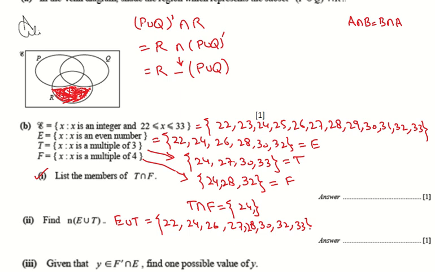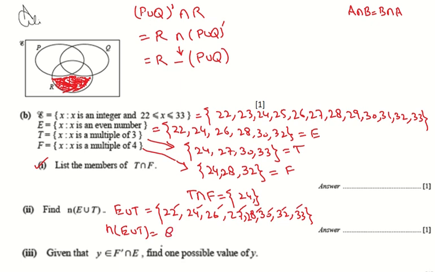The number of elements in E union T is equal to 1, 2, 3, 4, 5, 6, 7, 8. So 8 elements are in E union T.